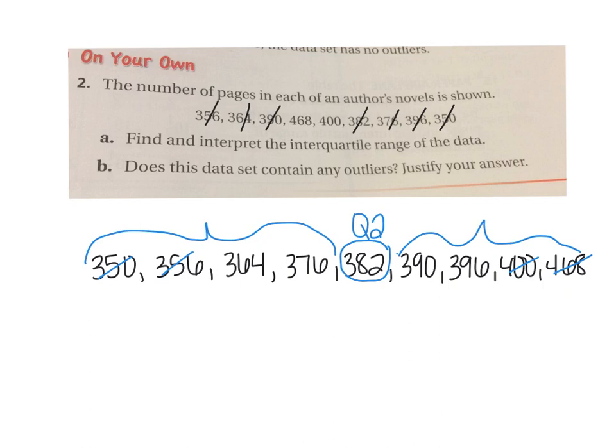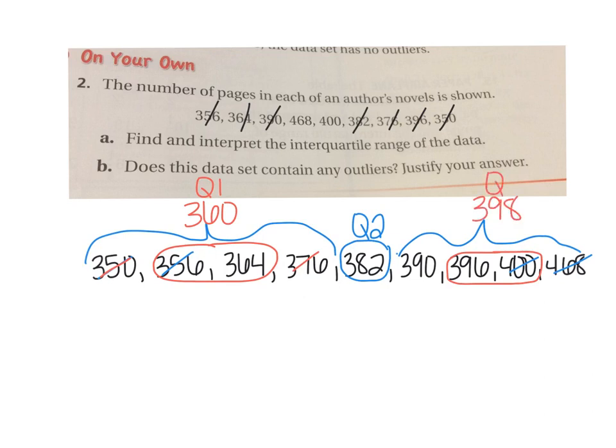Now I have to find the median of each of those. So in my lower half, I have an even number of data points. So my median is going to be halfway between 356 and 364. I can add them and divide by 2, and I get 360. So that is my Q1. And then on my upper half, I have 396 and 400 in the middle. So halfway between them, or I could add, divide by 2, I get 398.